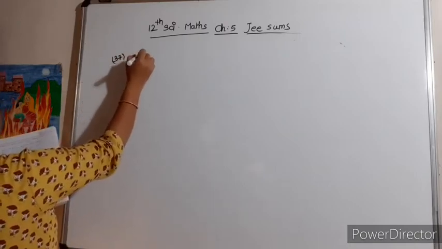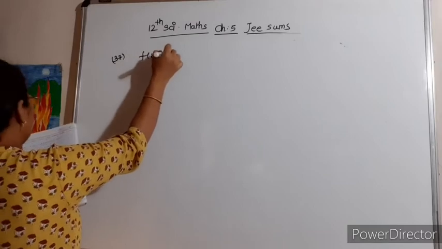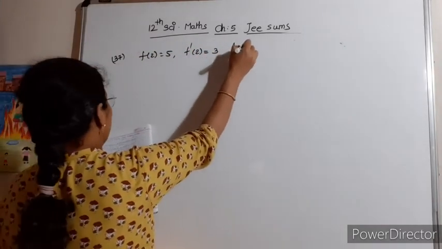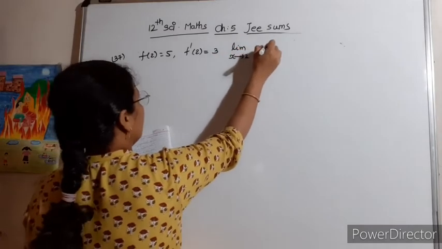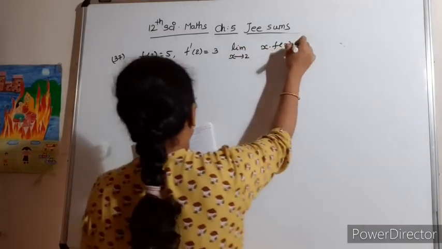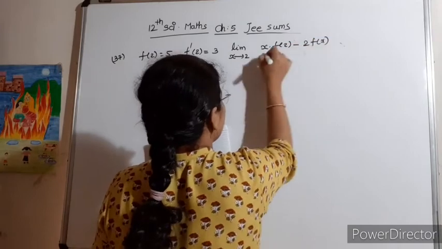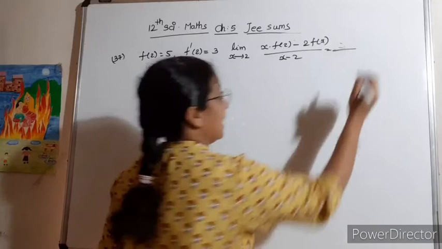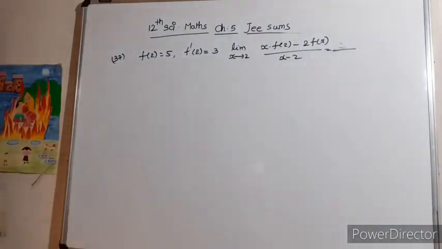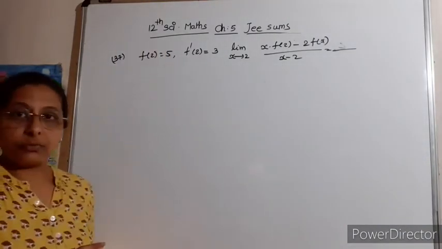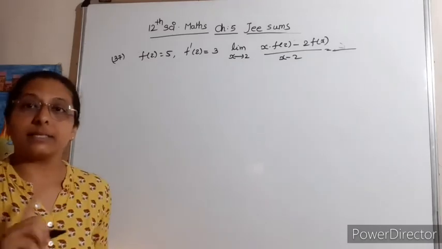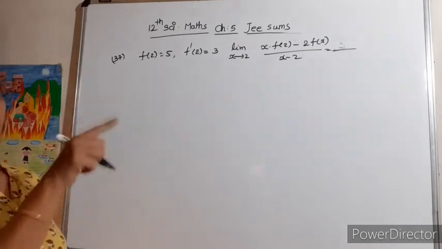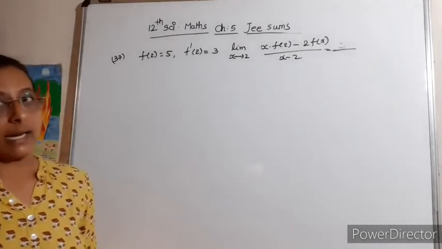Question number 37 is: f of 2 is 5, f dash 2 is 3, then limit x tends to 2, x f of 2 minus 2 f of x upon x minus 2 is equal to dash. You know that कि x f of 2 and 2 f of x is alternate terms, और जब भी alternate terms आती है आपको क्या करना है, 2 f of 2 से subtract and add करना है.